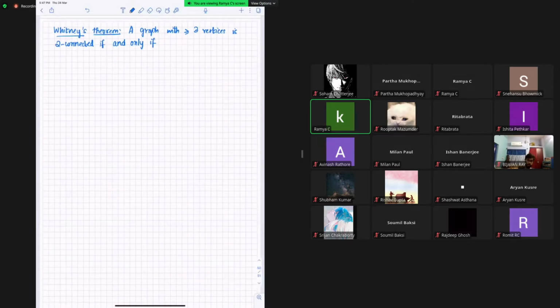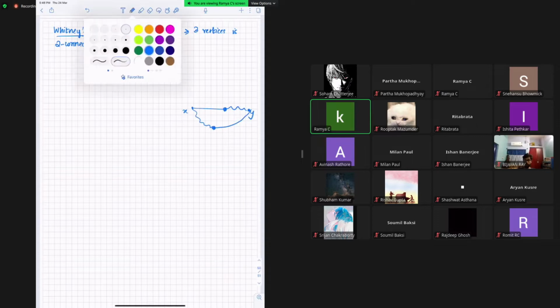What do we mean by connectedness? Whenever I give you two vertices, there must be a path between them. I'm just trying to fill in this "if" part without writing it down directly. So I have this vertex x, and there's some path, and there is this vertex y, and there is another path.